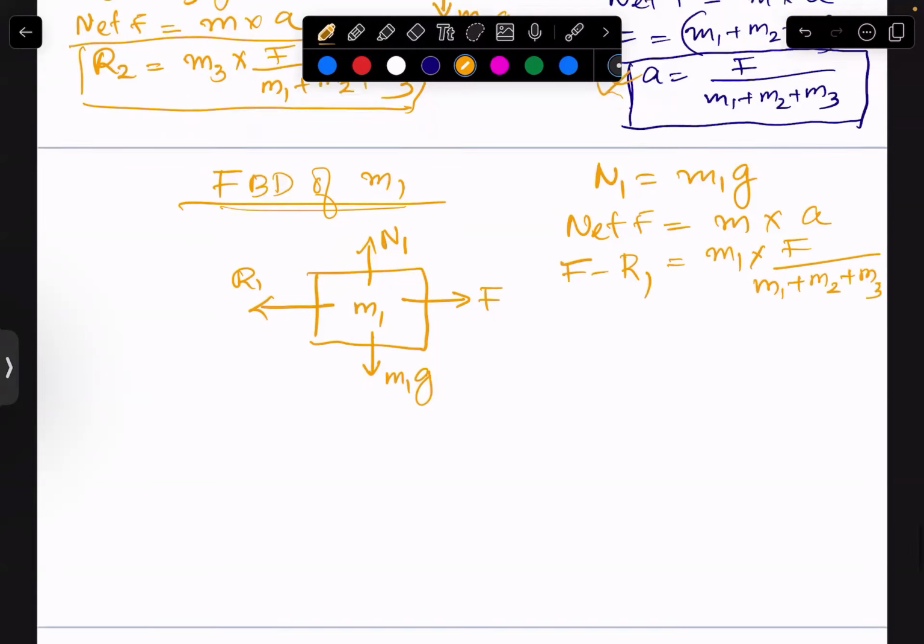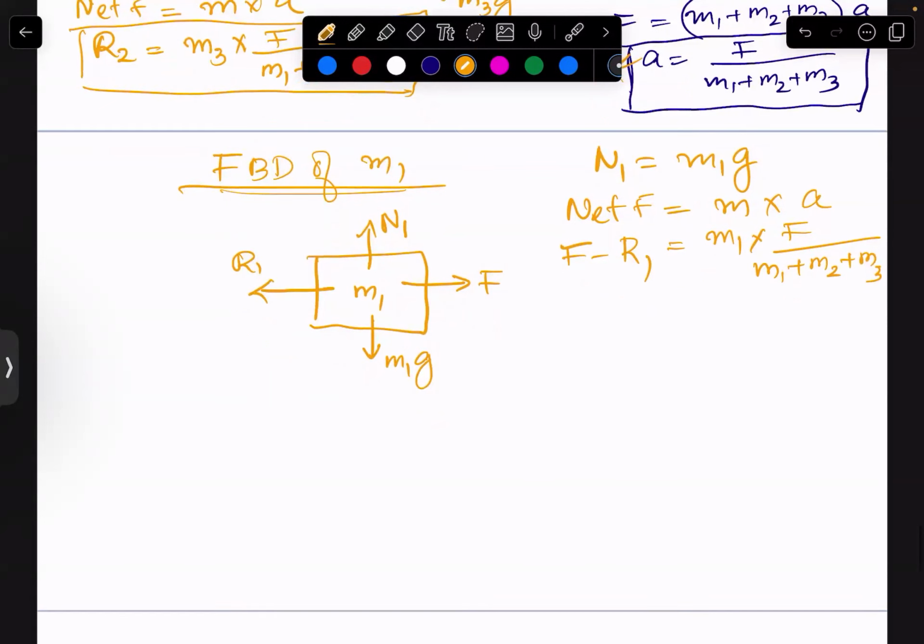Right. So the way we found the reaction force before, you have to take R1 to one side and F to the other side. So R1 equals F minus M1 times F by M1 plus M2 plus M3.